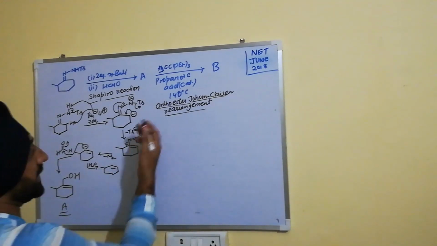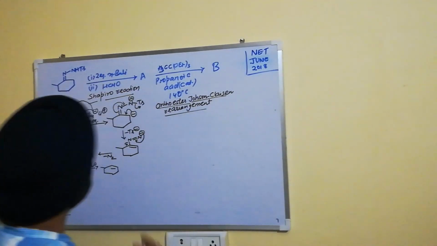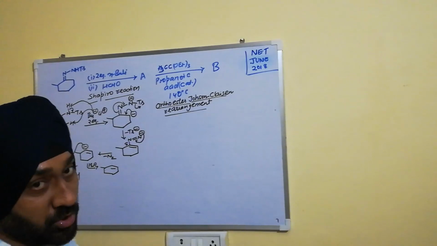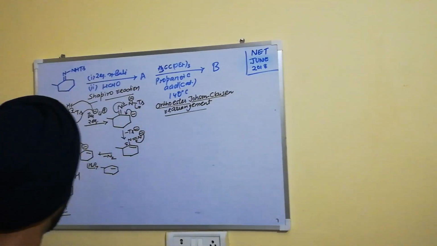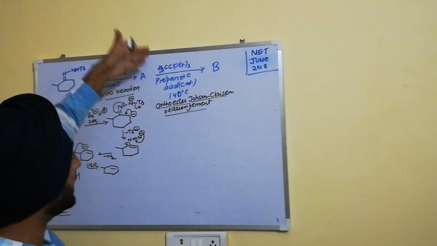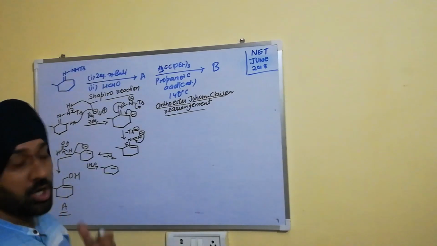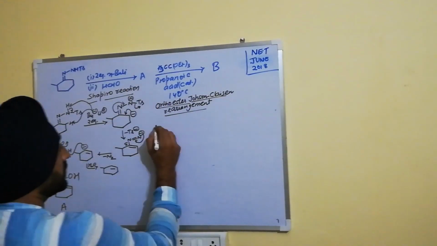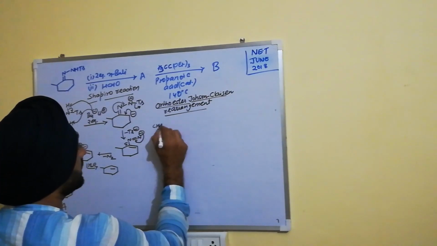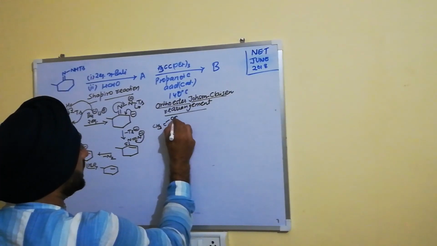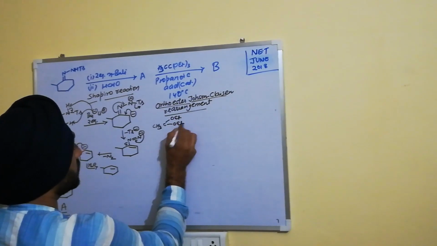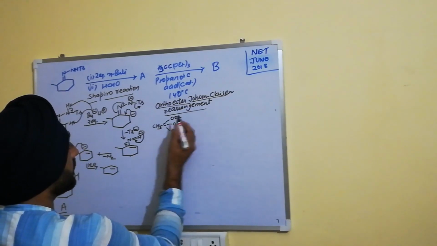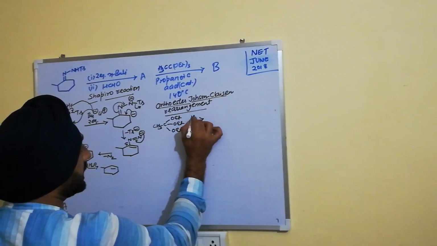Now let's look at the second part of the problem, which is the orthoester Johnson-Claisen rearrangement, how this compound, when treated with triethyl orthoacetate, undergoes the Johnson-Claisen rearrangement. So we have this triethyl orthoacetate, which gets protonated.